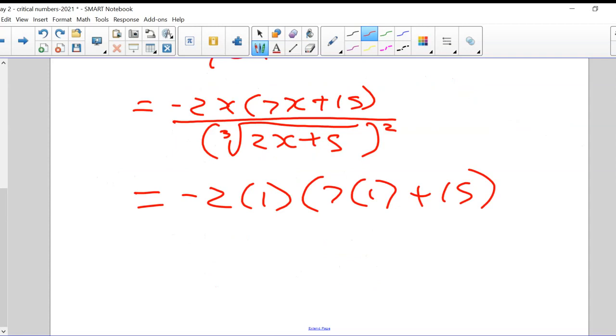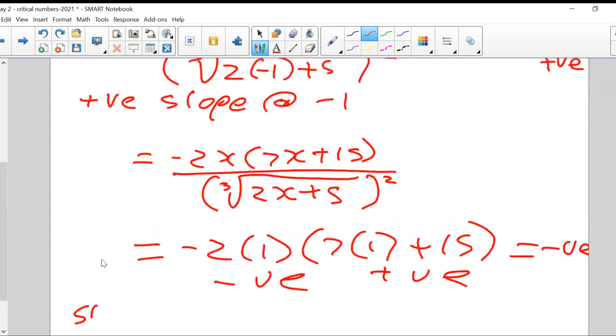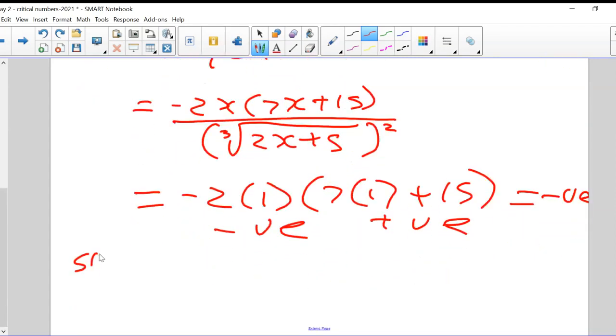Hopefully everybody accepts that. So this part is positive here. This part is negative. So that means that this is going to be a negative. So the slope, just to be consistent, the slope is negative.